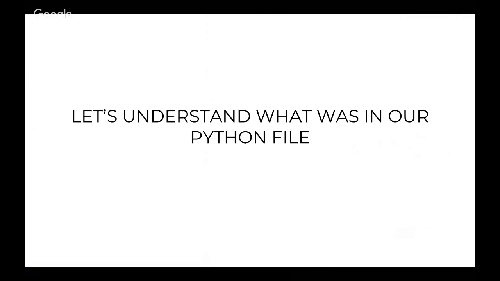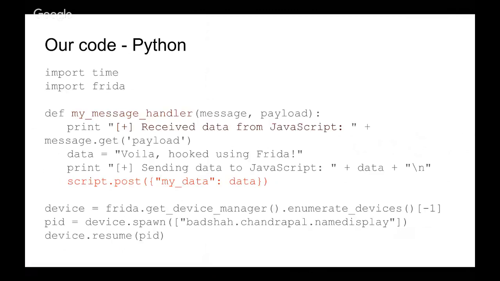Let's understand what exactly was in our Python file. We saw import, time, and Frida. Let's see how our message handler works. We have two arguments being passed: message and payload. You receive the data from JavaScript. Message dot get the payload. The data is what we are trying to send, which is "hooked using Frida".